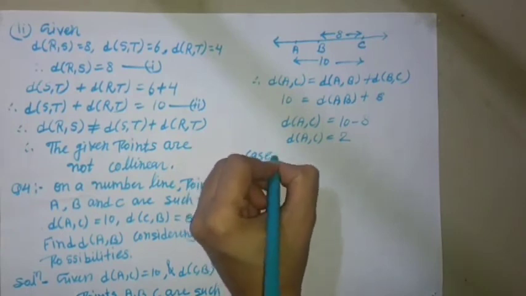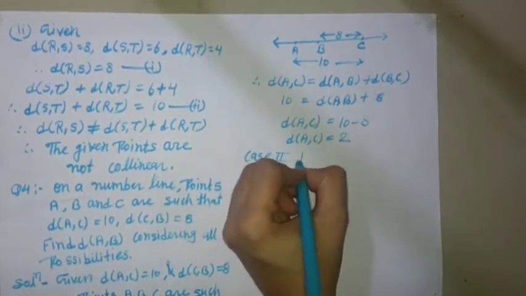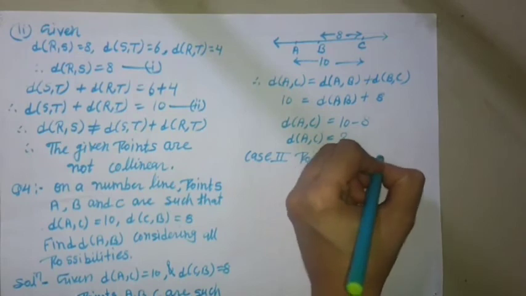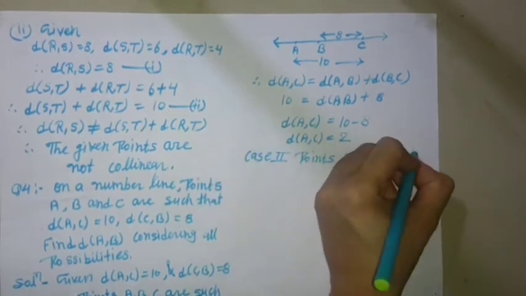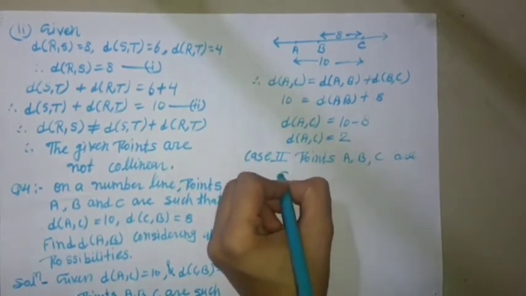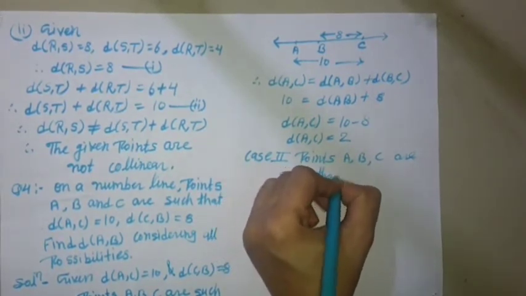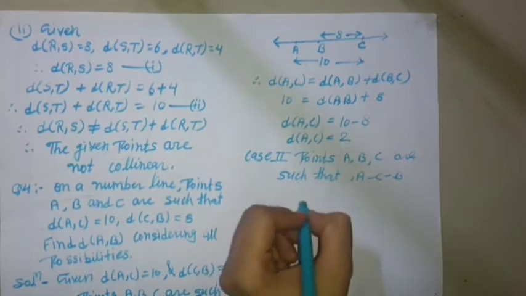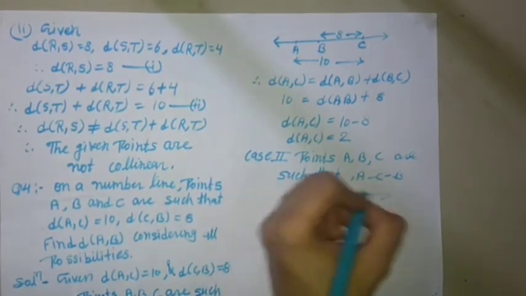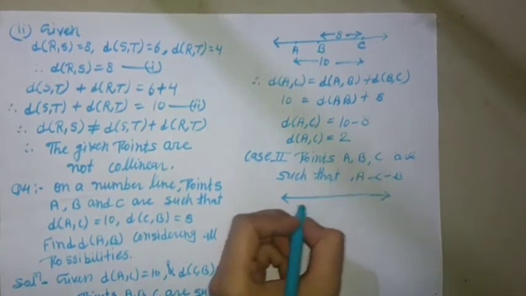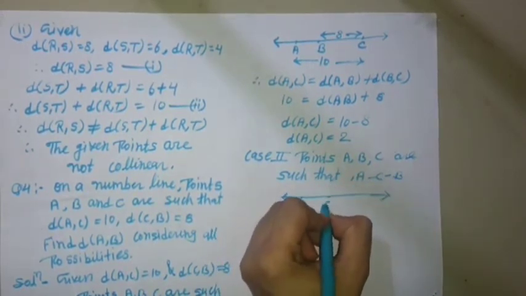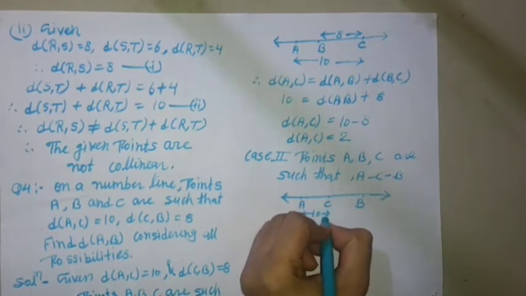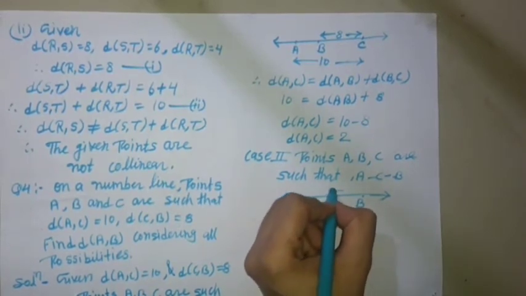Case second, points A, B, C are such that A, C, B. Distance of AC equal to 10 and distance of BC equal to 8.